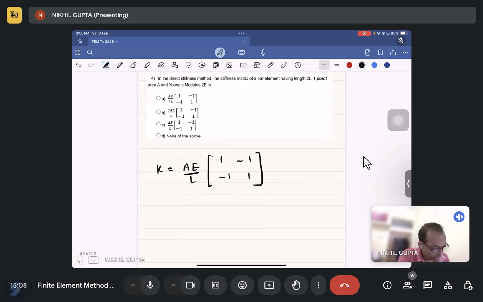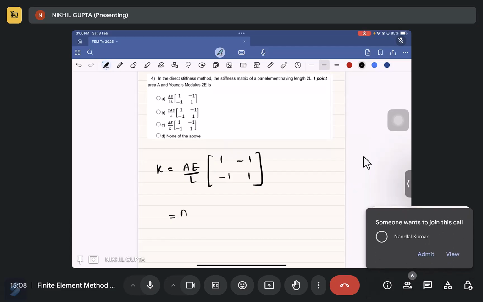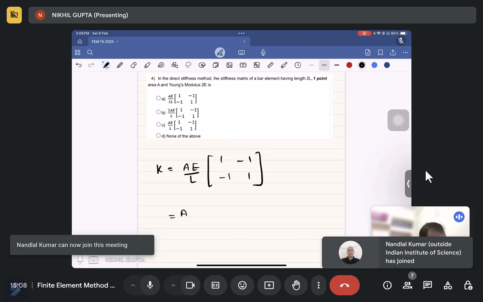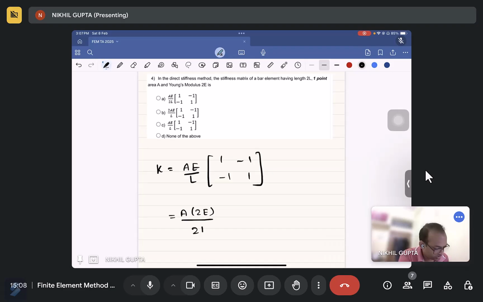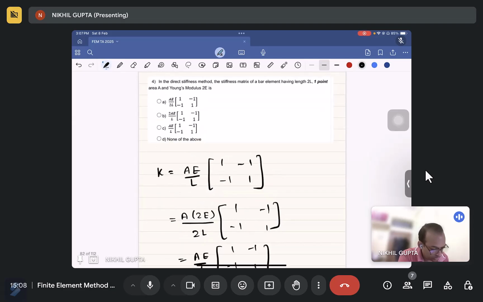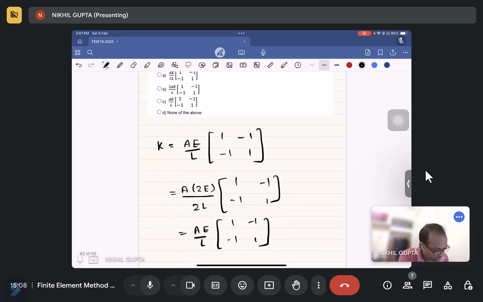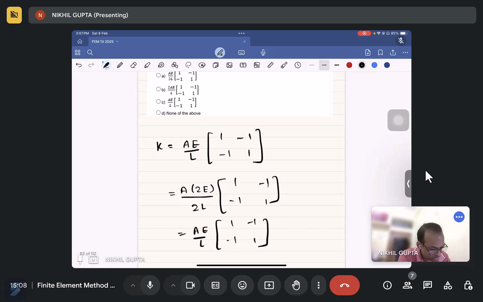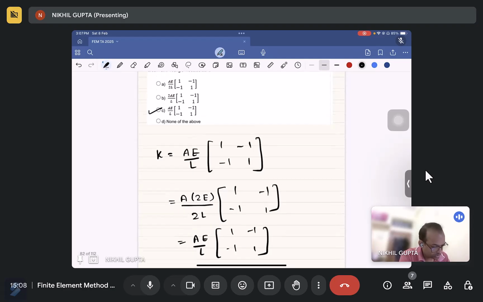So here in our question, the area is A, then the modulus of elasticity is 2E and the length is 2L. So this goes to this [1 -1; -1 1]. So this is clearly AE by L times [1 -1; -1 1]. So clearly there is no solution, or I think the solution is there. The C is there. This is the solution.